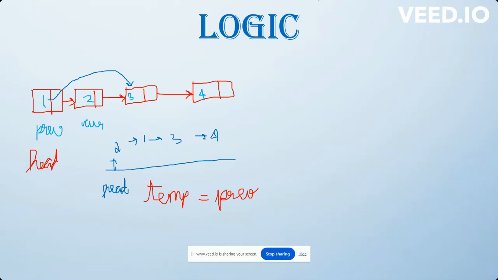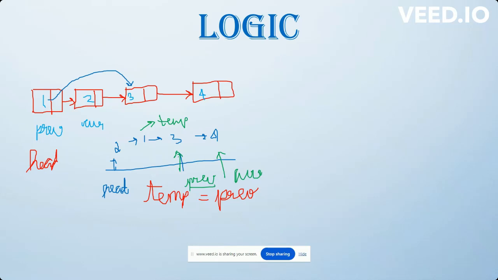What we should do next is take this 3 as previous and this 4 as current. How can this be achieved? Basically, we know this is temp as of now.